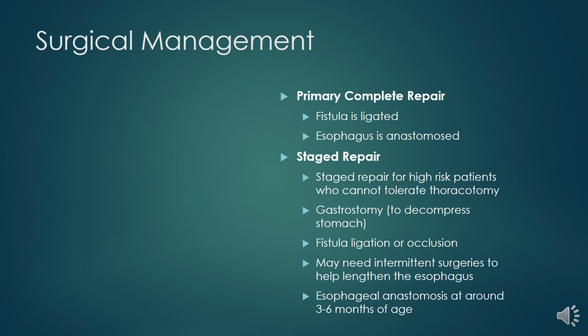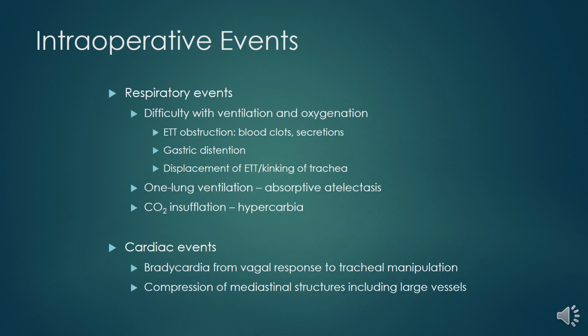So in the primary complete repair, the fistula is managed and ligated, and the esophagus is anastomosed. In the staged repair, for high risk patients who cannot tolerate thoracotomy, gastrostomy and fistula ligation or occlusion can be done, and they may need intermittent surgeries and esophageal anastomosis at around 3 to 6 months of age.